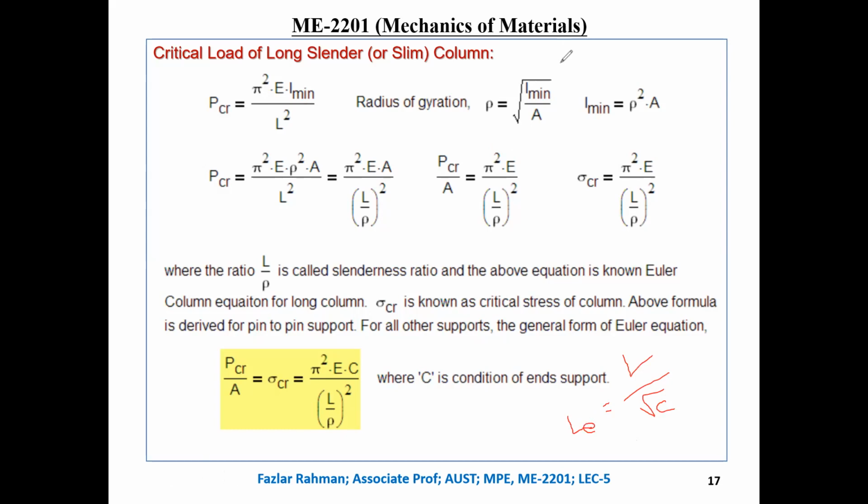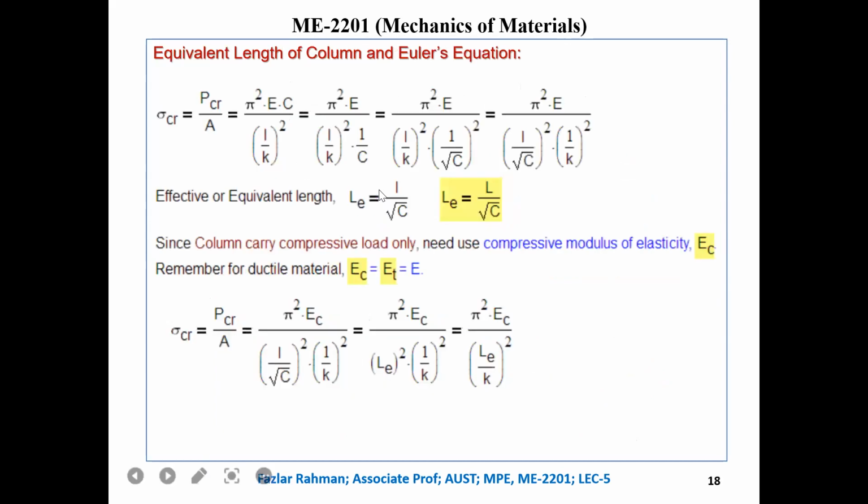And what I would like to say is that the Euler equation we can express in terms of equivalent length of column. So you see, this is L by K square. What did I put in the previous equation? Let's see, I think we put rho.